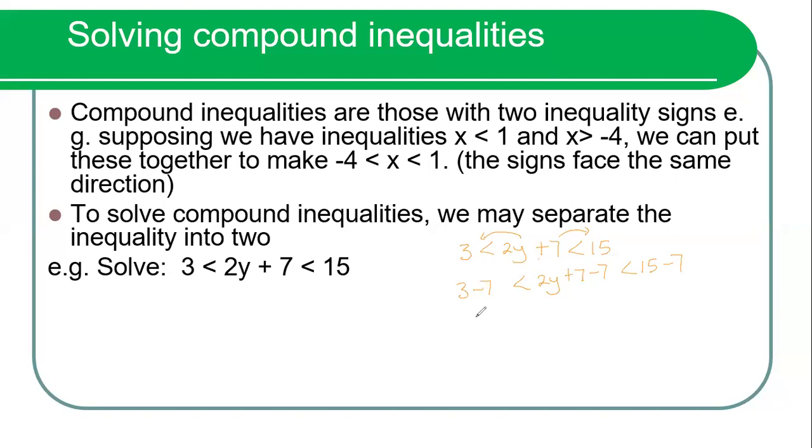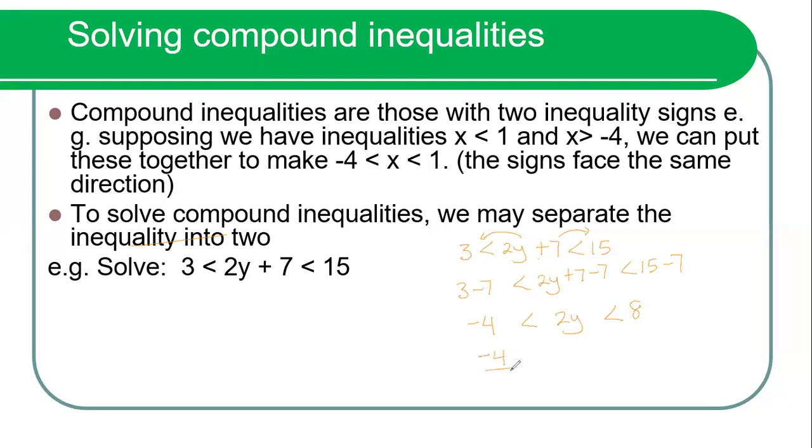Then I ask myself, what is 3 minus 7? 3 minus 7 is -4 less than 2y less than 15 minus 7, which is 8. Whatever I do on the left, I do on the right, so I don't do it on one side. Now, once I reach here, since I want y, I will divide by 2.